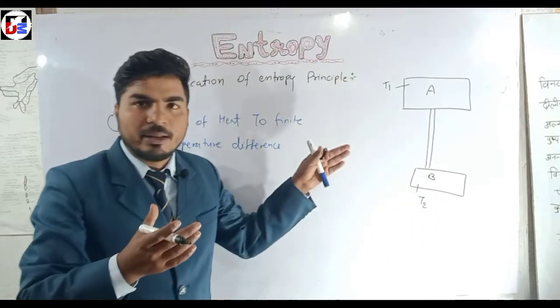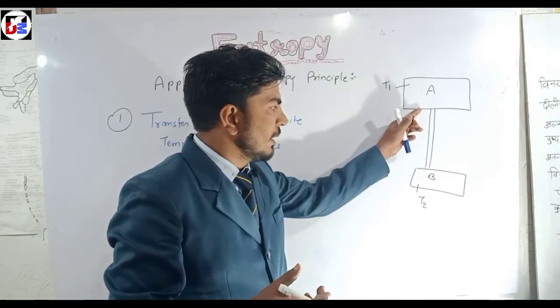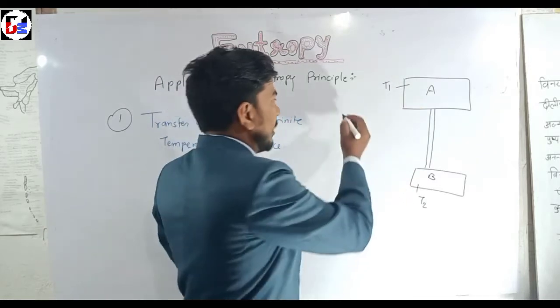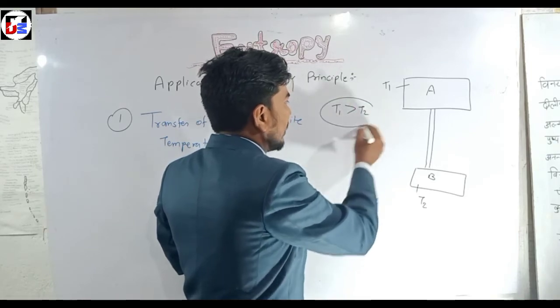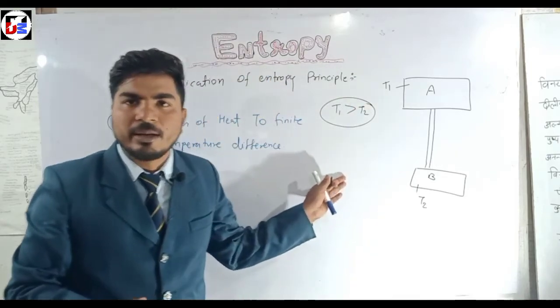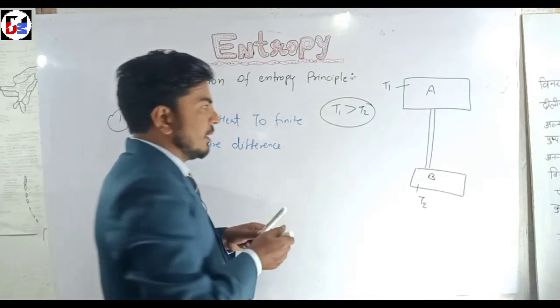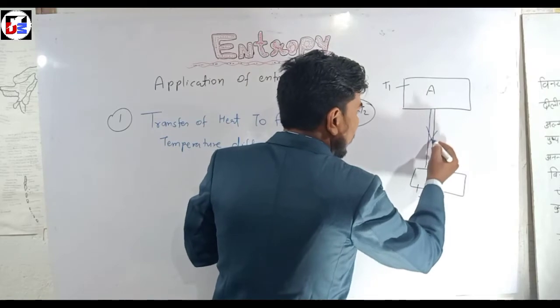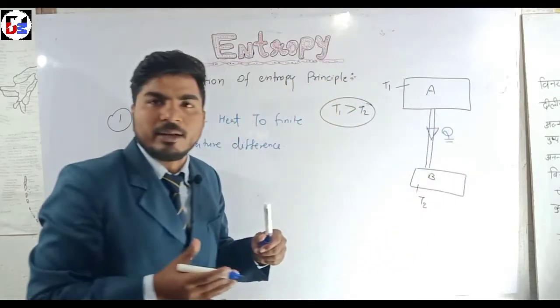The process is that heat transfers from A to B, and here T1 is greater than T2. This is given. How is the entropy principle applied here? Heat Q is transferred in this direction.